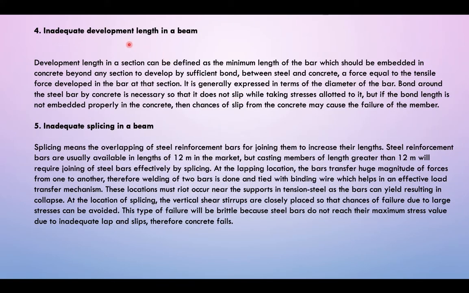Next, inadequate development length in a beam. This is the main point. In RCC and steel structures, we use the code for calculating the development length of the beam. Development length can be defined as the minimum length of the bar which should be embedded in the concrete beyond any section to develop sufficient bond between steel and concrete, for a force equal to the tensile force developed in the bar at that section.